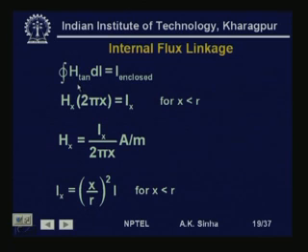So, the tangential component of H is Hx and the integral of dl over the contour is 2 pi x. This is equal to Ix for x less than r. From this relationship we can calculate Hx is equal to Ix by 2 pi x ampere per meter.